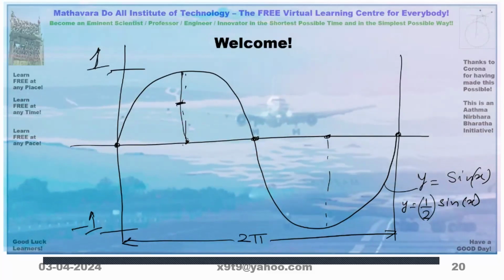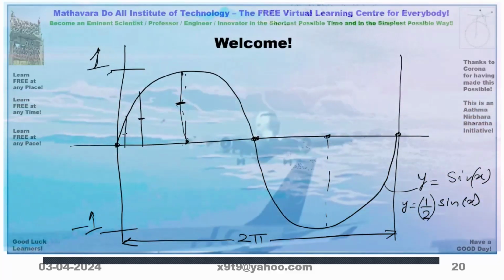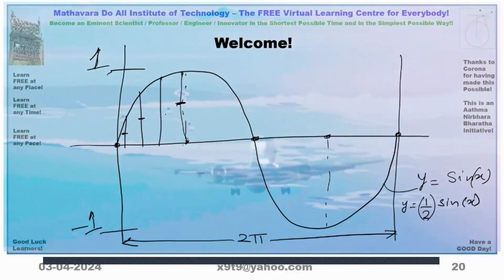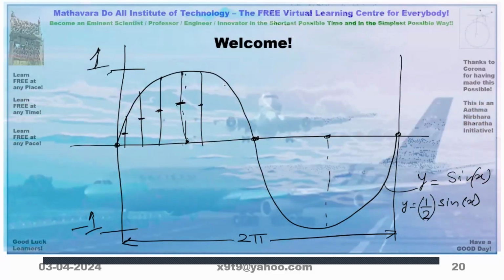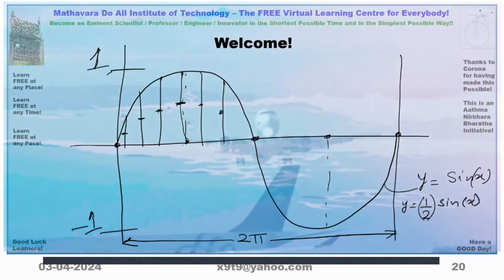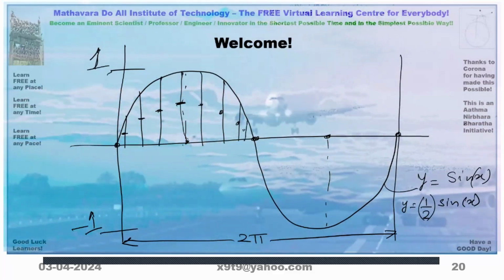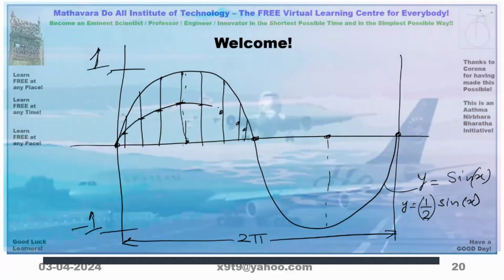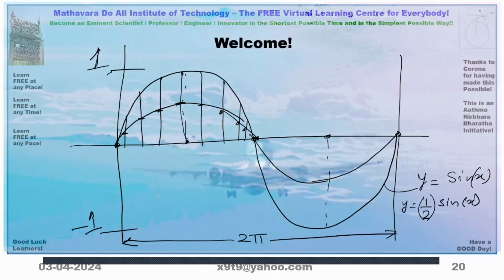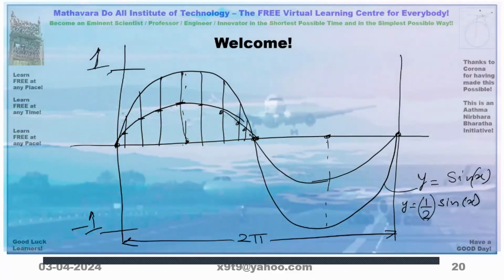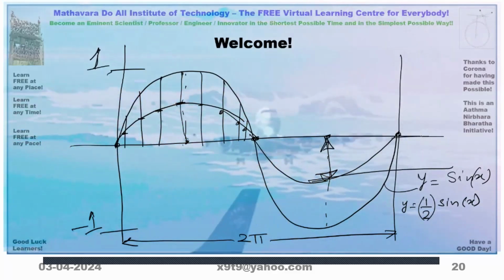That means that will be that one. This one. Find the midpoint there and join that. Same thing will go like that. So that is the amplitude for this graph.